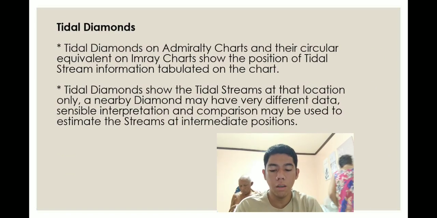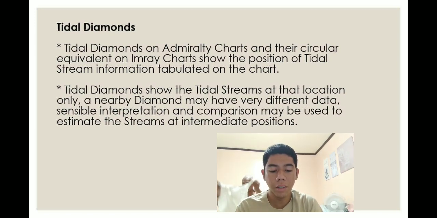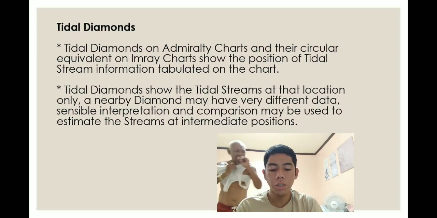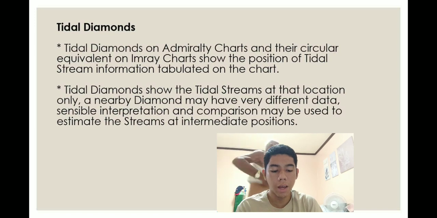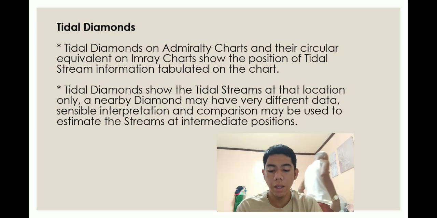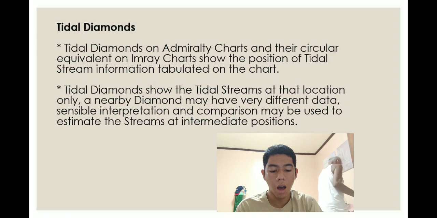Tidal diamonds. Tidal diamonds, on an Admiralty chart and their circular equivalent on other charts, show the position of tidal stream information tabulated on the chart. Tidal diamonds show the tidal streams at that location. Even a nearby diamond may have very different data available.